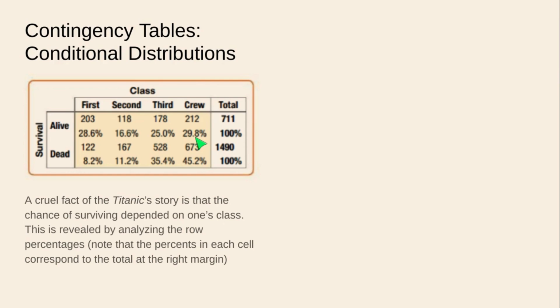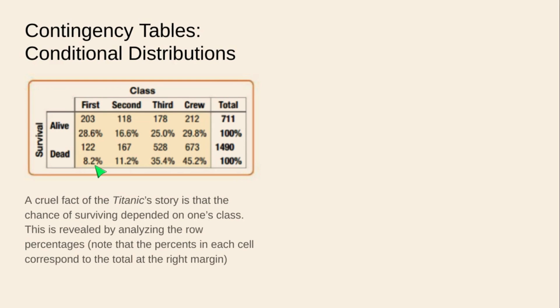And out of the total alive, 29.8% were in the crew. All right? Now let's look at the dead, and here's where the data really start to speak, okay? Especially when we compare the raw data and their conditional, the class contingent upon the fact that they were dead, okay?